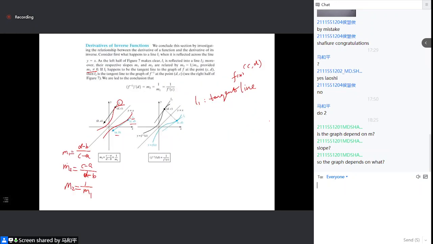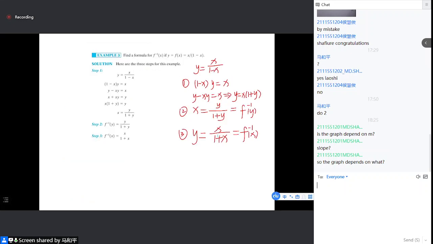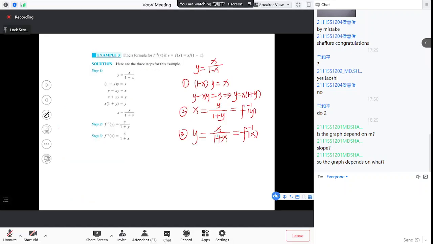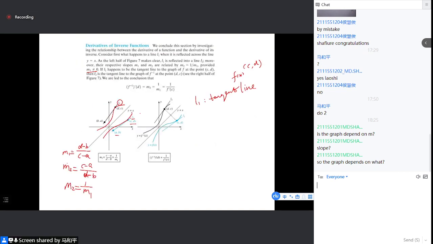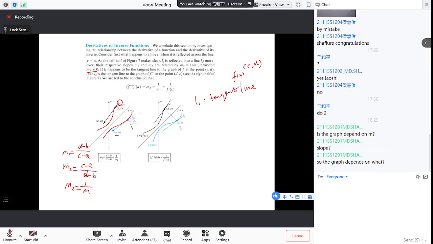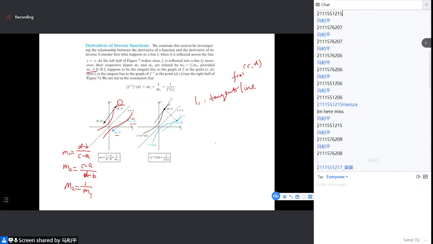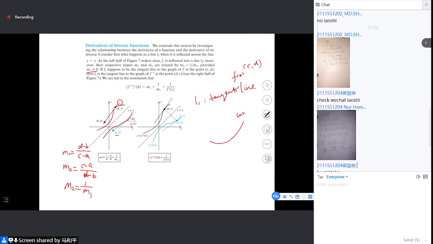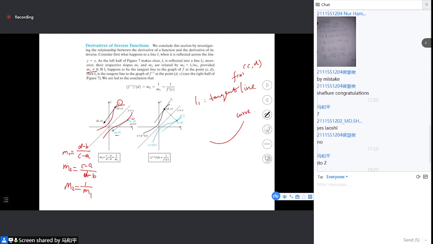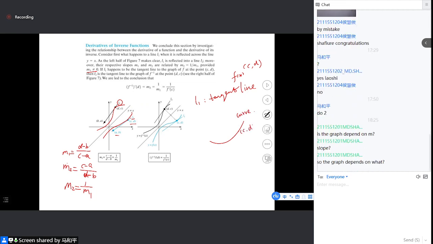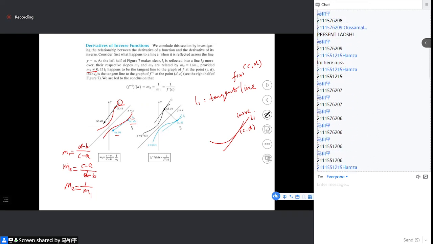Suppose we have, for example, a curve, and this is the point (c, d). This line is just the tangent line of this curve at this point, right?